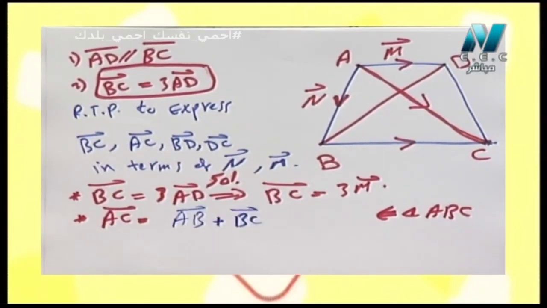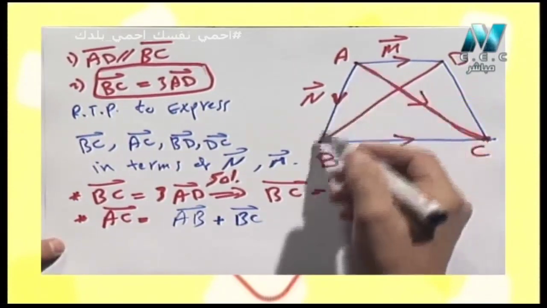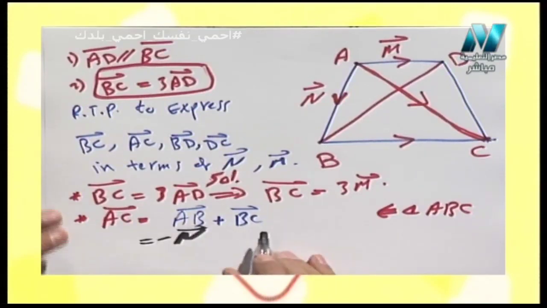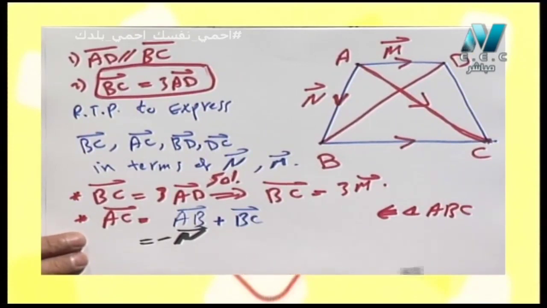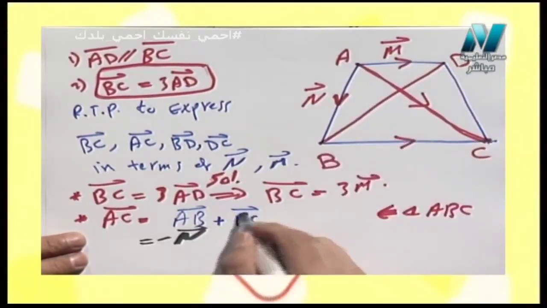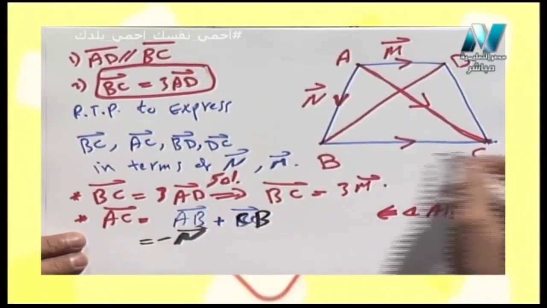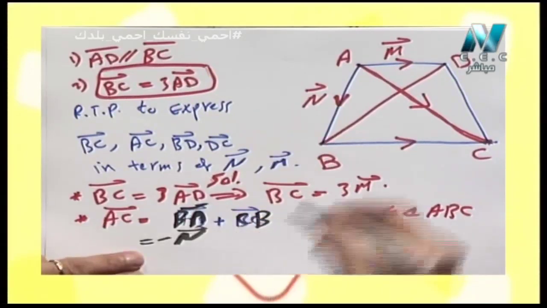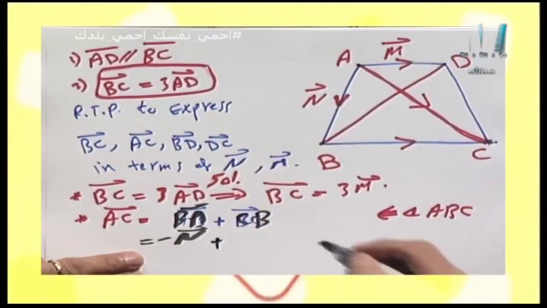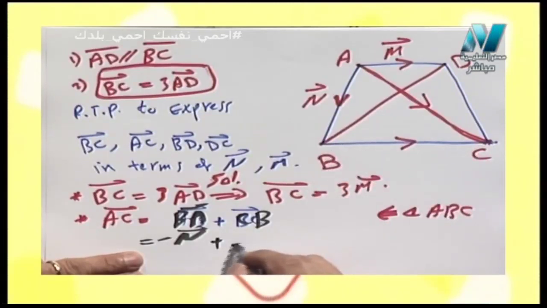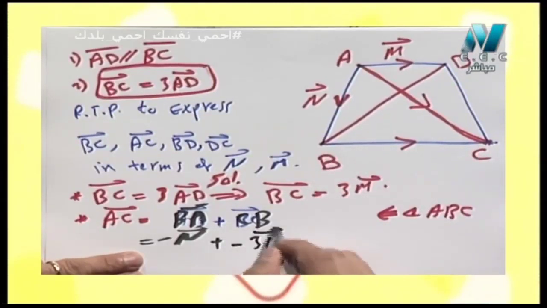Okay. AB here is the vector N, but in the opposite direction, so it's negative N. Okay. AC here equals CB plus BA. So BA is negative N plus CB equals negative 3M. Okay.